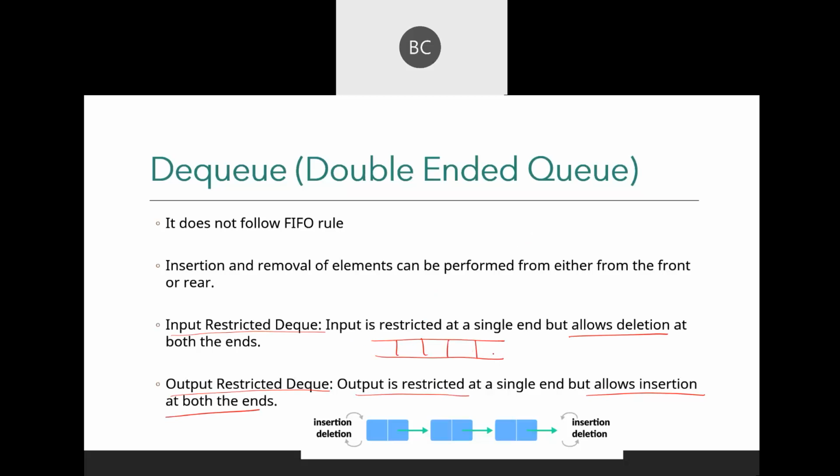For input, you can add an item from here, but it allows deletion from both. In case of output, it's the opposite. You can delete from just the rear, but you can add items from both.